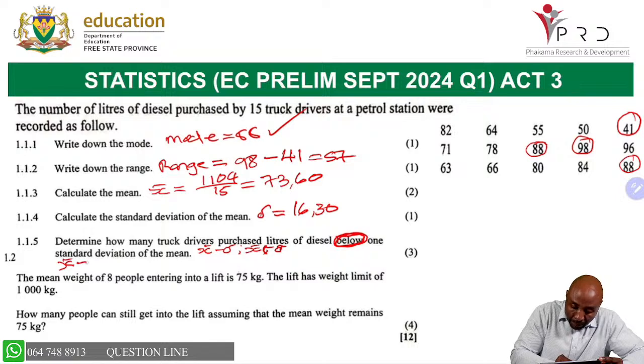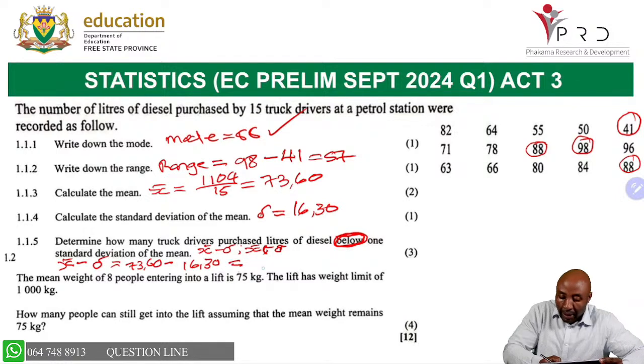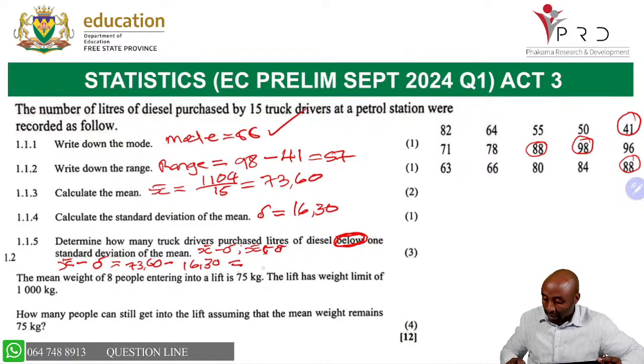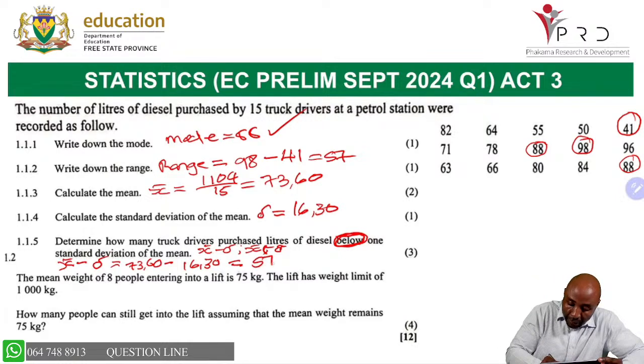So our x bar minus standard deviation becomes 73.60 minus 16.30. The 0 is just a placeholder there, and that should give us 73.6 minus 16.3, which is 57.3. 57.3, that is the minimum value.